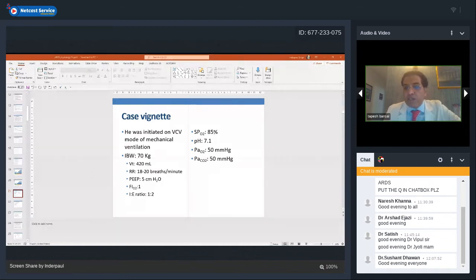A lot of these conditions respond to steroids or other specific therapies, and BAL has an important role in this. We will talk about BAL and seek Dr. Vipul Mishra's opinion on the role of BAL in diagnosing such conditions, when you should do a BAL or a transbronchial biopsy in ARDS patients.